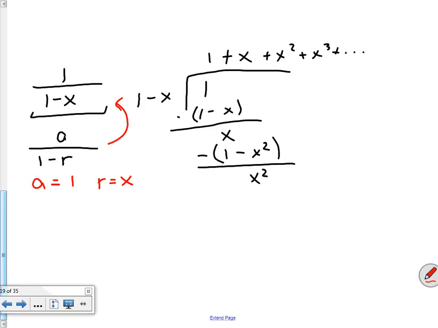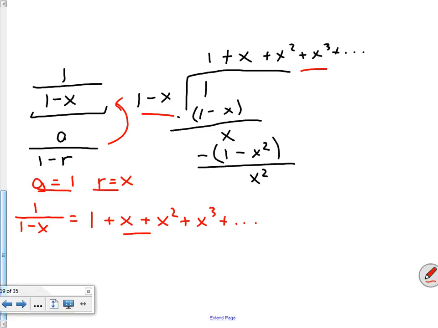If we then use these as the geometric formulas we did before, then 1 divided by 1 minus x would be equal to, the first term is always a, so 1, and I multiply by x, so x, x squared, x cubed, and so on and so forth. You'll notice that the long division gave us the same thing as writing it as a geometric series. So these definitely are equivalent. Two different ways of thinking about it. I can either think about it as a division problem, or I can think about it as the sum of an infinite series.